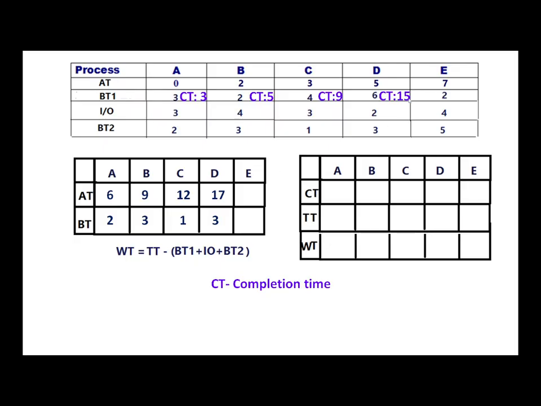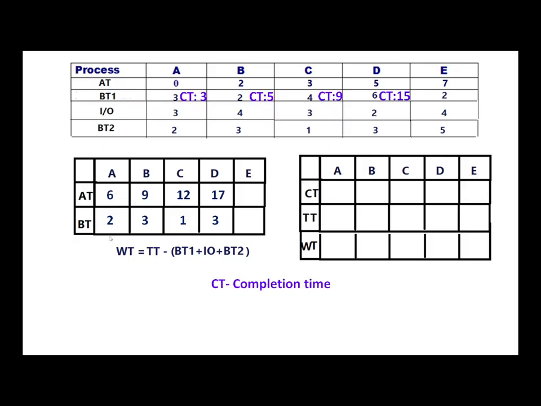Again, going by the FCFS logic, we pick A as the next process because its arrival time is 6, whereas the arrival time of E is 7. So A gets the chance of getting into the CPU, and at time 15, A enters the CPU, which means that it will finish its total execution at 17.